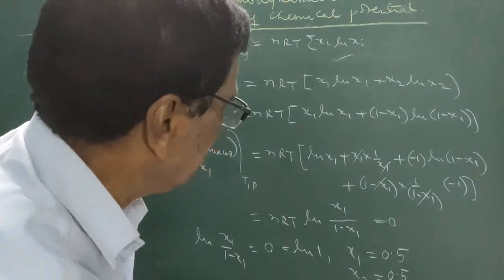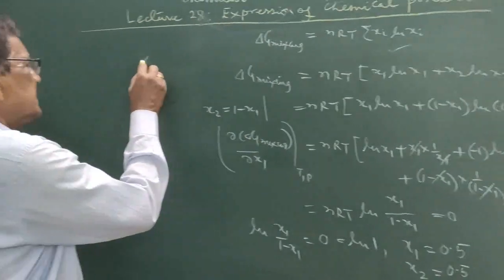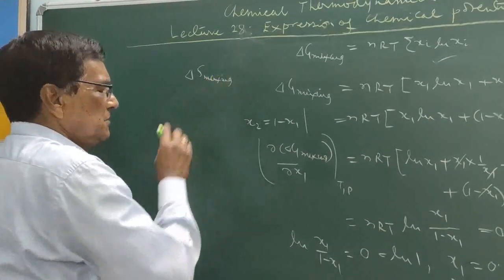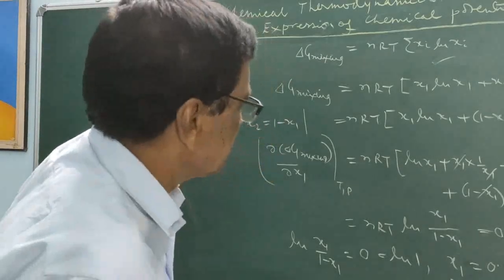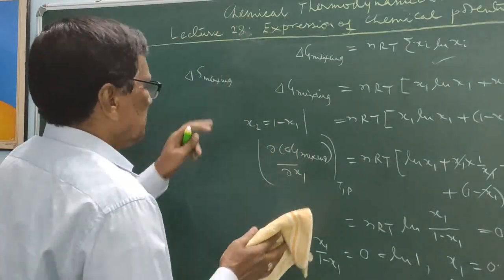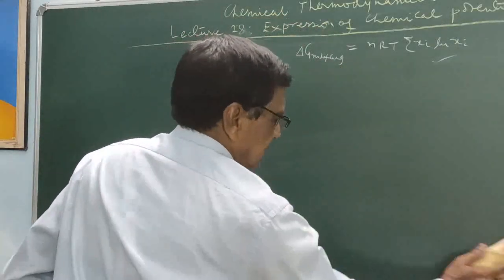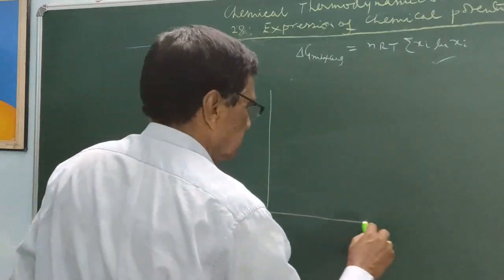And in a similar way, it could be shown that delta S mixing attains its maximum value whenever equal mole numbers of these two gases are mixed up. And delta H mixing will always be equal to 0. If we plot these three terms in a graph, suppose this is the graph.